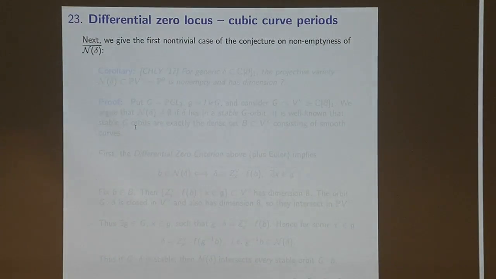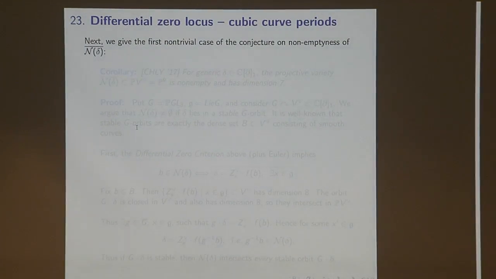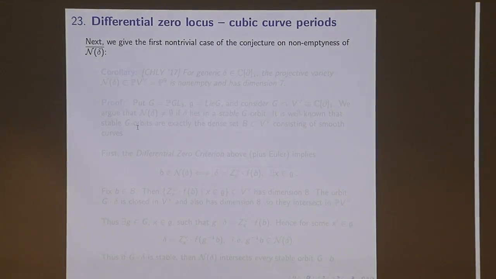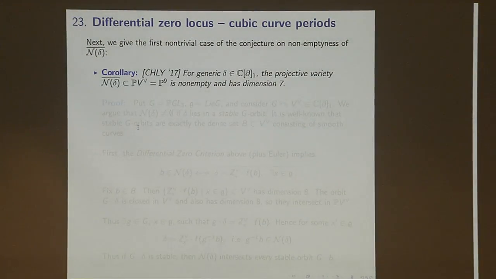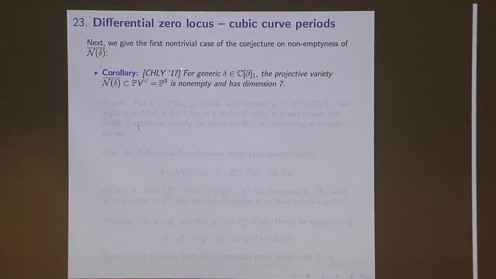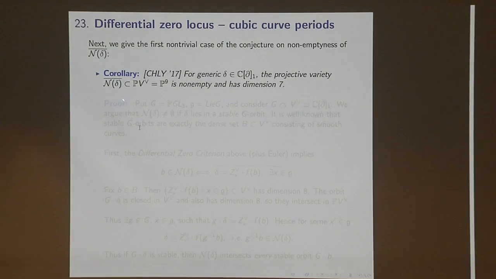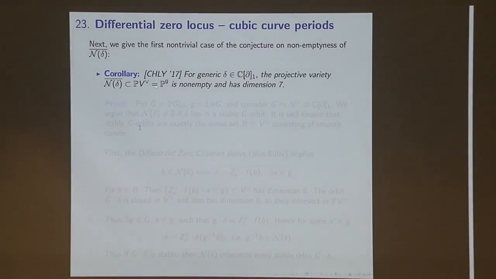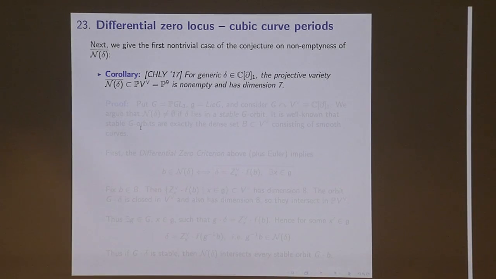Okay. Next, I want to use this to give some information about this projective variety N bar. So here's a corollary. For generic delta, this projective subvariety, in this case in P9, is non-empty and has dimension 7.